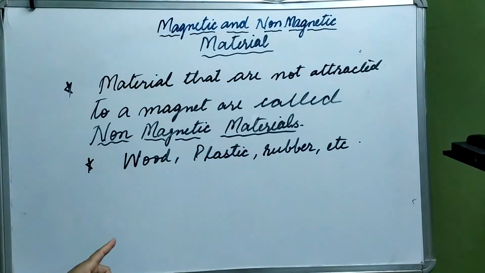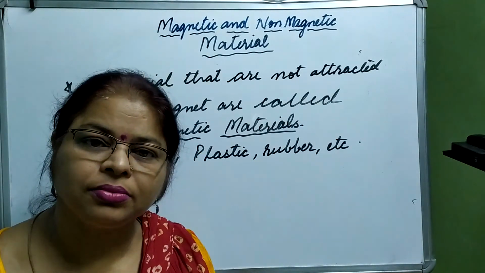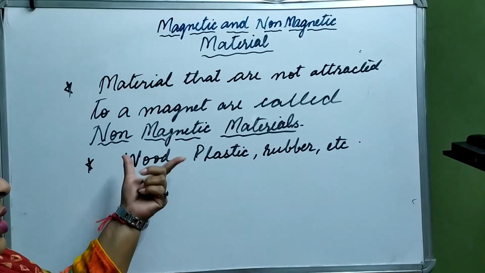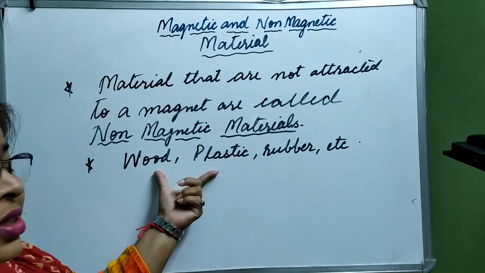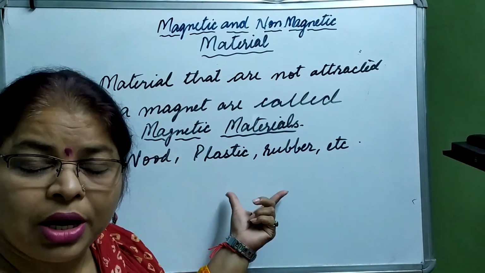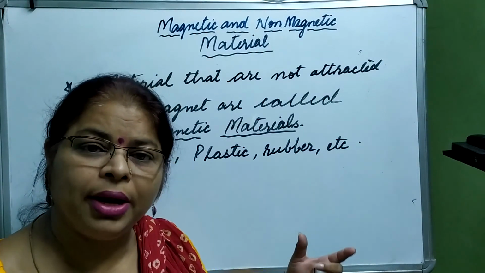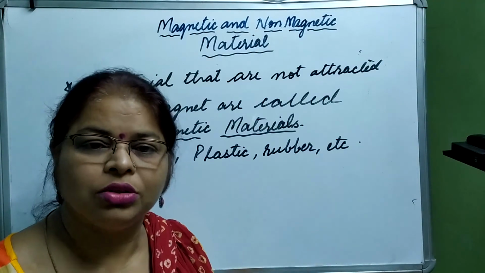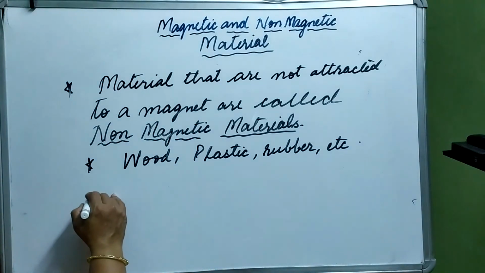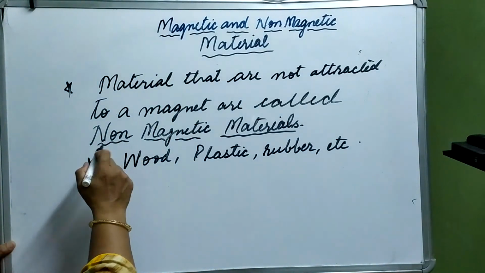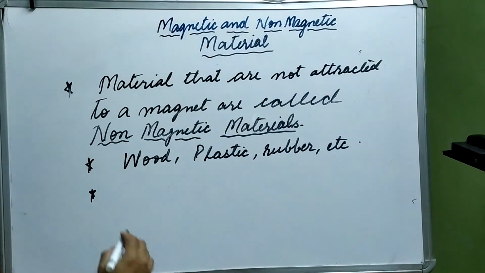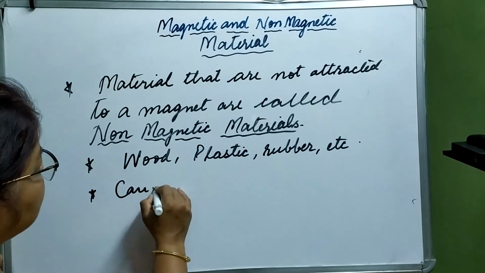Then another thing, can you convert them into magnets? Anything made up of wood, plastic or rubber, can you convert it into a magnet? No, you cannot.